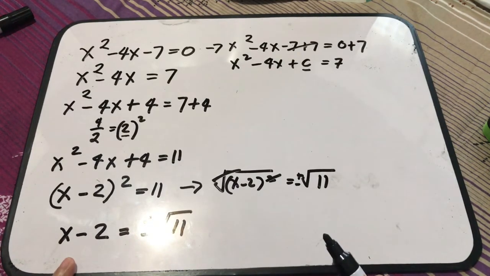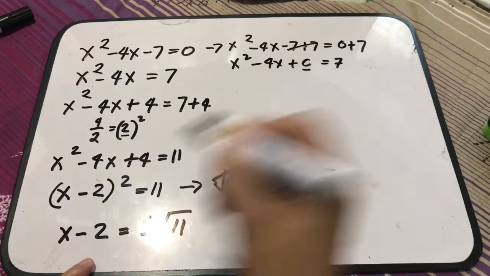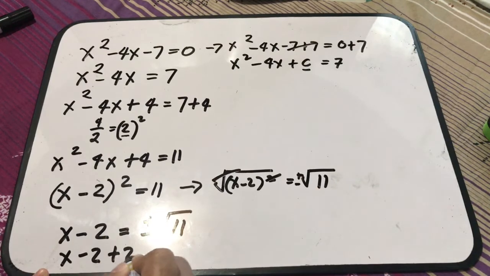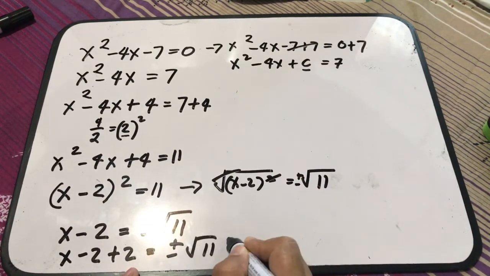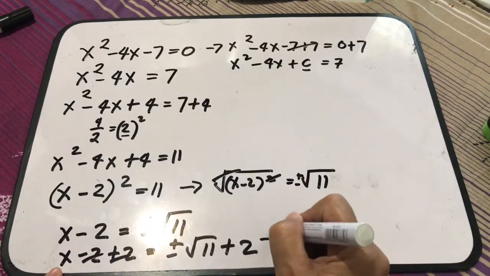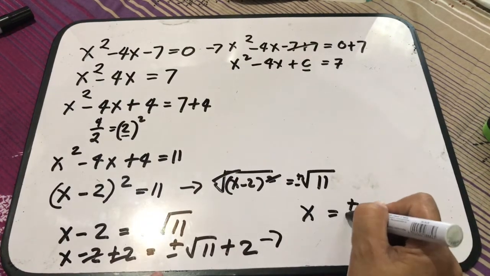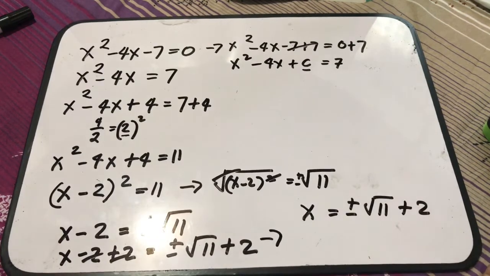So what is your answer? What is the value of x? If you're going to again use the addition property, here we have x minus 2 plus 2 is equal to plus or minus the square root of 11 plus 2. So therefore, x is equal to plus or minus the square root of 11 plus 2.